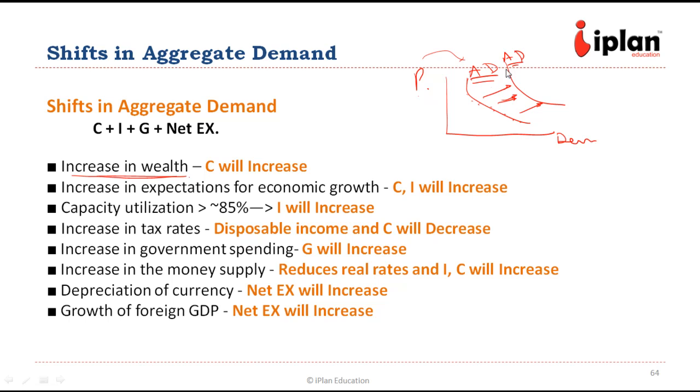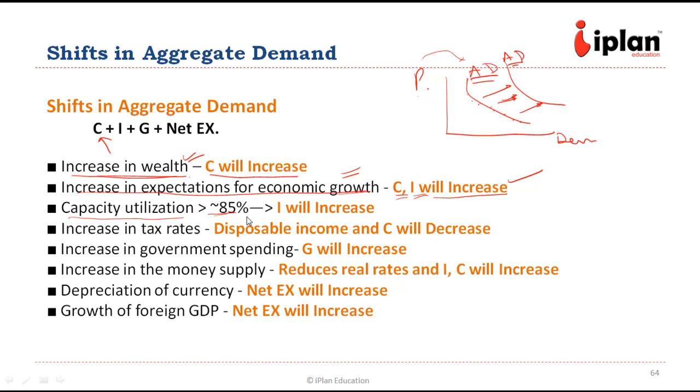First, increase in wealth. So the consumption will increase, which is the first component of aggregate demand. Then there could be an increase in the expectations for economic growth. If people are expecting higher economic growth, the consumption as well as the investment in the economy will increase, so that may increase the aggregate demand. If the capacity utilization by the industry is higher than 85%, then again the investment will increase.